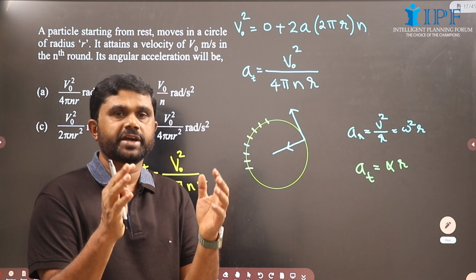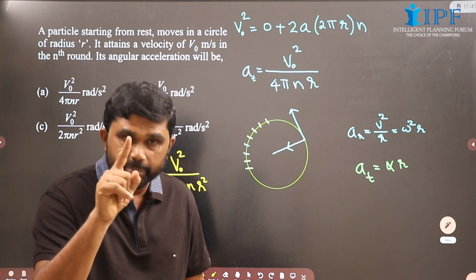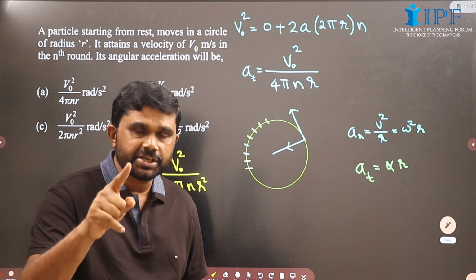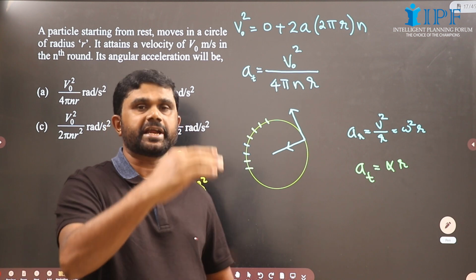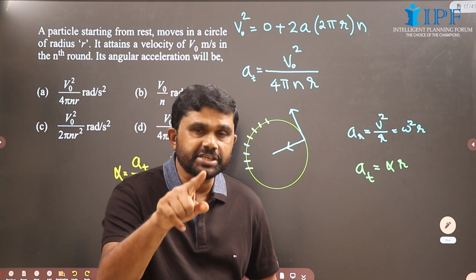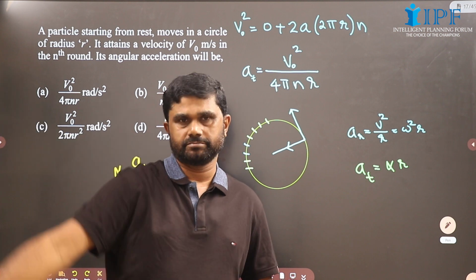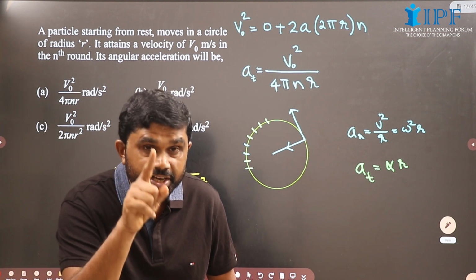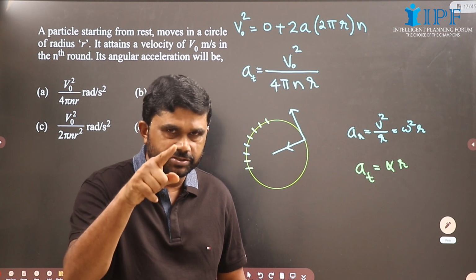Now first let us find the tangential acceleration. Tangential acceleration means the acceleration is everywhere on the circular path along the tangent. So the velocity and acceleration are along the same direction at any instant, and the instantaneous displacement will be along the direction of instantaneous velocity.